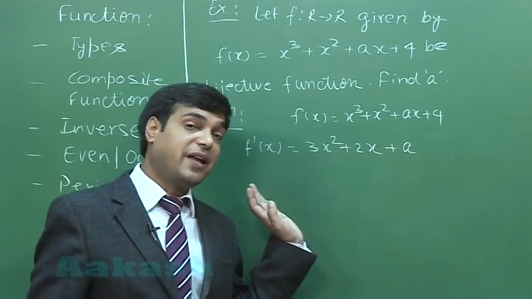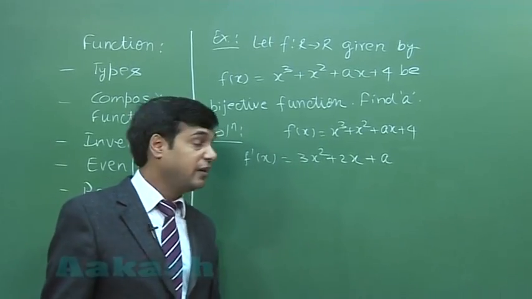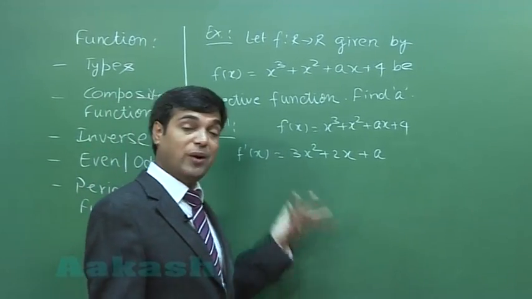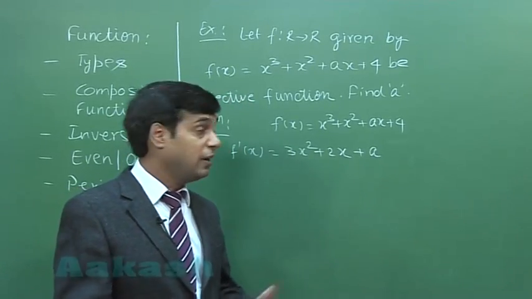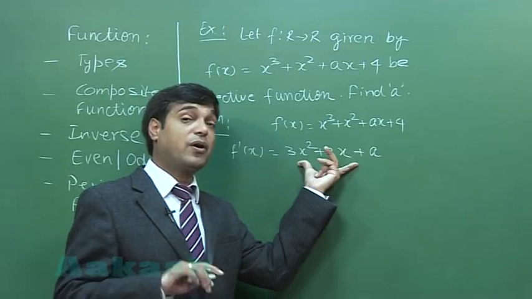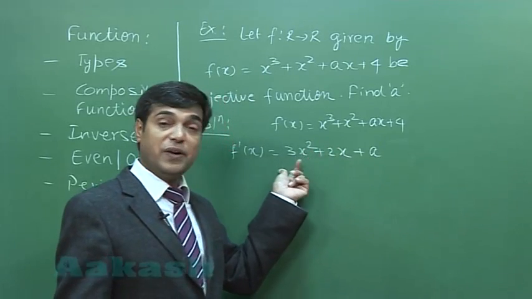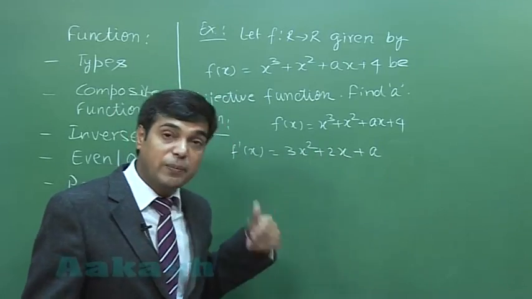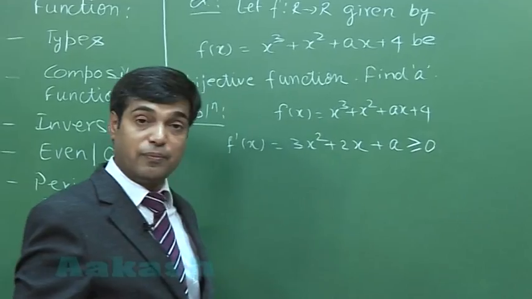Now it is given that function f is bijective, meaning one-one onto. Since the function is one-one, f dash x is either greater than or equal to 0 or less than or equal to 0. Now for a quadratic, we are looking for either only positive or only negative values. The coefficient of x square is positive, so it cannot be only negative.